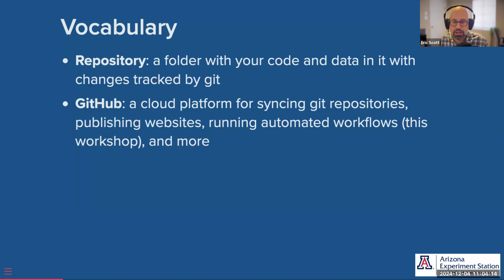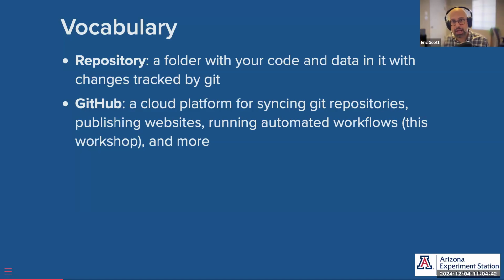A repository is just a folder that has your code and your data in it, on your computer or on github.com, where the changes to that folder are tracked by Git. Git is a version control software. Like I said, we're not going to get into that today. We have other videos from previous workshops that I'll send in a follow-up email if you're interested in learning more about Git.